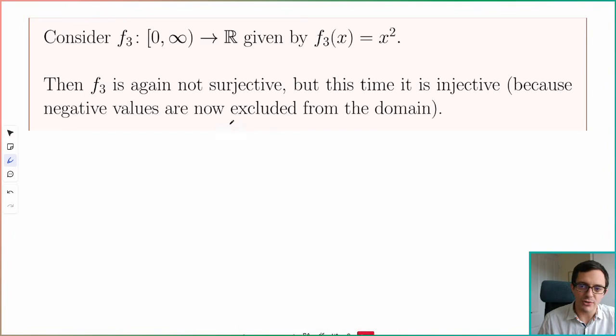I've got negative numbers on the right hand side and I haven't solved that. I haven't got any pre-images of those, but that's fine. Injective only worries about cases where you have more than one value of x that maps to the same point. It's not worried about places where you have no values that map to there. It's worried about excessive numbers of x values that map to the same point.